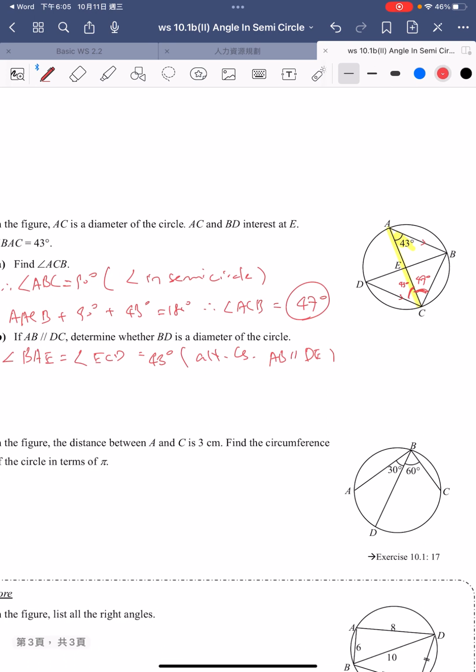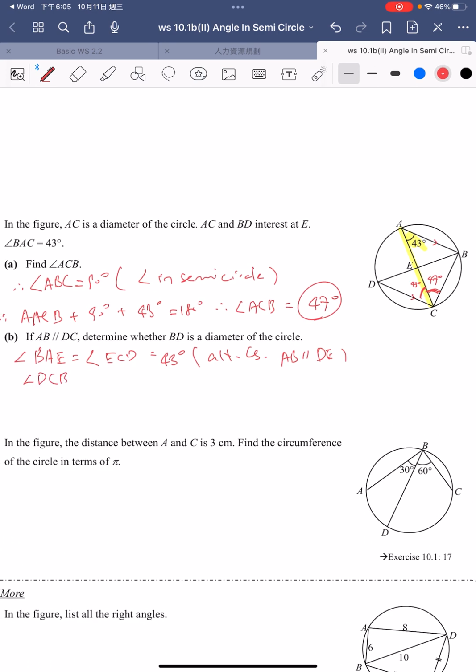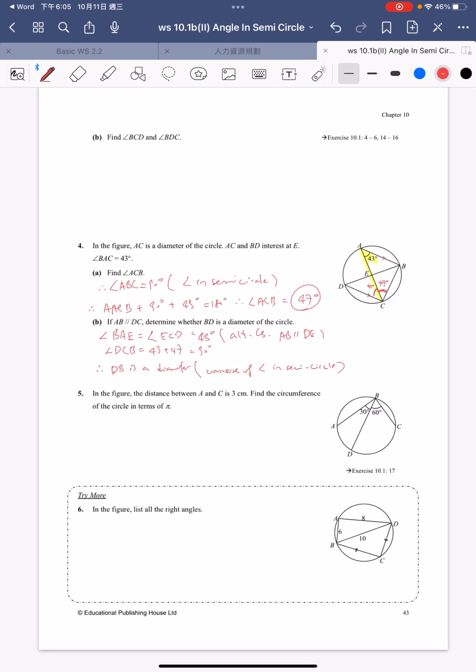So now we have the angle DCB is equal to 43 plus 47, which gives you 90 degrees. So we have that DB is the diameter. What's the reason for this? It's the converse of the angle in a semicircle. Okay, so that's for question 4.